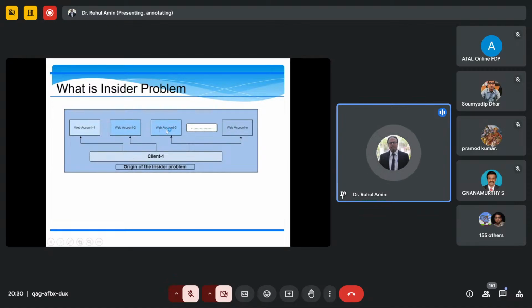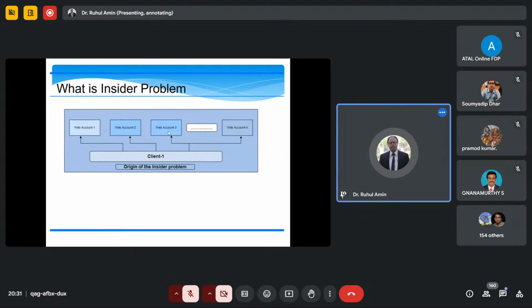In account 3, you are using another password which is not the same as account 1 and account 2. That means you are using different passwords. If you use them that way, then there is no issue. You are safe, because you are using different high entropy passwords, which are very difficult to guess.